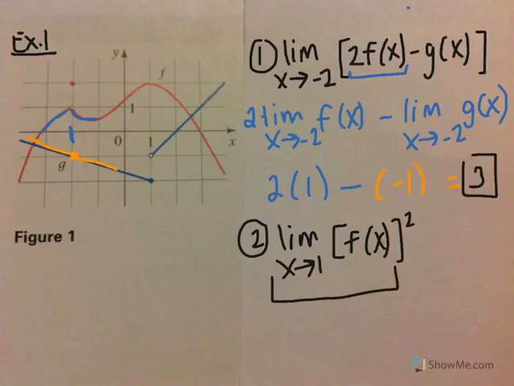Let me erase on the drawing, so these will be gone. We want to approach 1 on f of x, and then we're going to square that answer. So I will come in towards 1. Here's f of x, the one in red. When I come from the left, it looks like it's 2, and then I come in from the right, it's 2 as I approach 1. So the limit is 2, and then I just get 2 squared, which is 4.